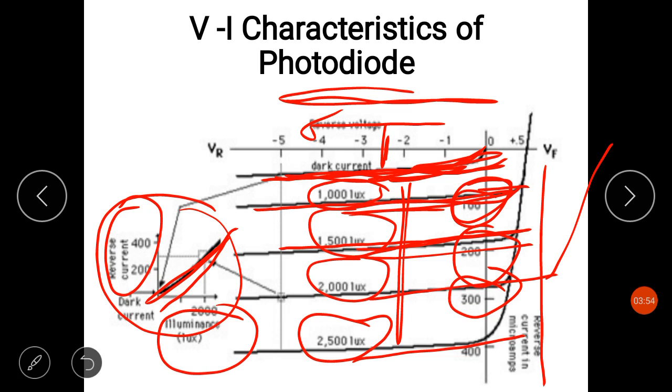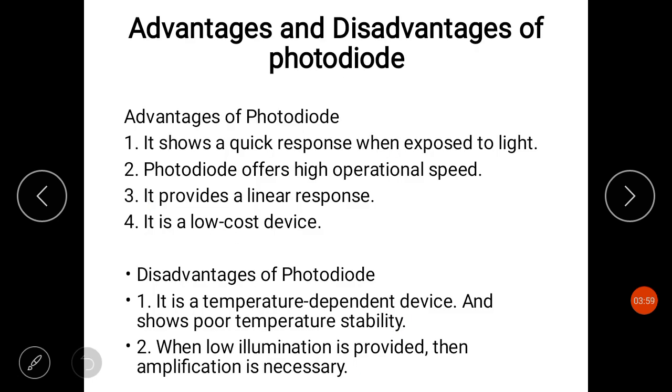Now moving on to the advantages of photodiode. As I've already told you, the photodiode shows a quick response when exposed to light. The second advantage is it offers high operational speed, that is, the response time is less, so obviously it will show a high operational speed.